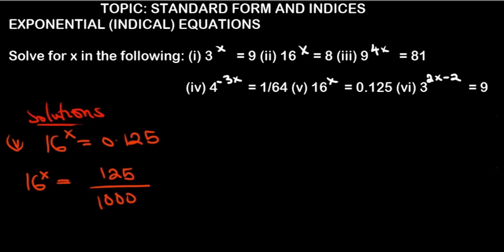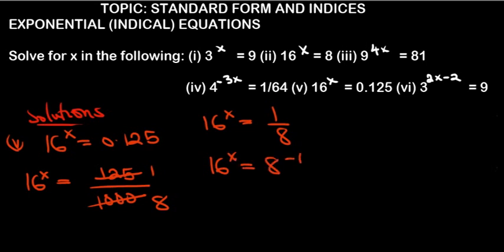So as you can see, 125 goes into 125 one time, and 125 goes into 1000 eight times. That means 16 raised to the power x equals 1 over 8. And that means you can write this as 16 raised to the power x equals 8 raised to the power minus 1.